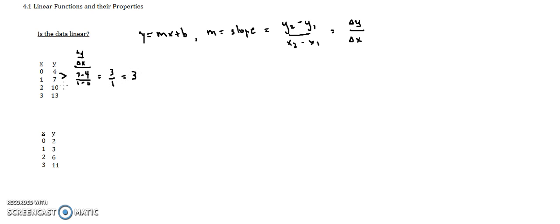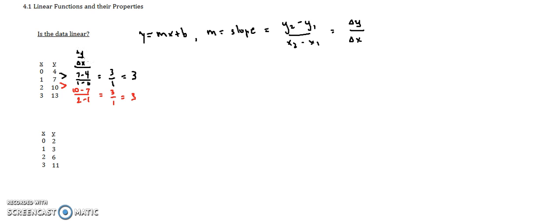Alright, these are in a little bit tight here, so I'm going to do red for the next one. So between the next two set of points, I'm going to have 10 minus 7 over 2 minus 1. And again, I get 3 over 1, which is 3.